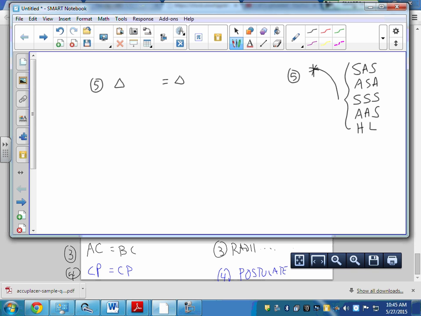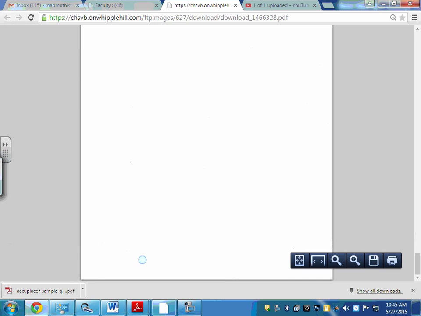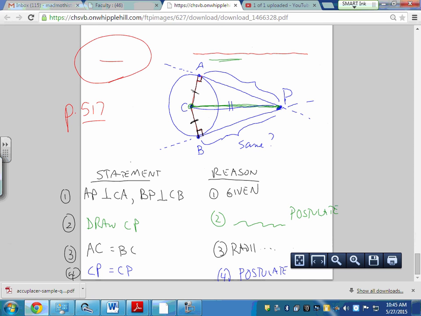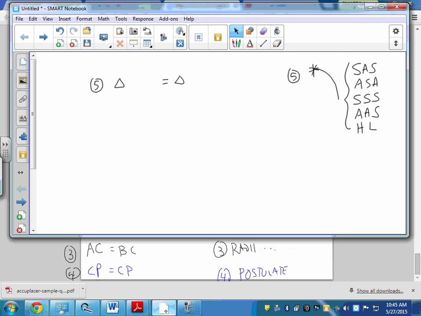And if you go back and look at the picture, you'll see we have a side and a side, so that would claim it has to be either this one or possibly this one. We don't have any information about angles, so that's out.